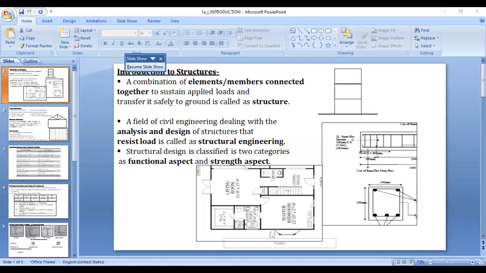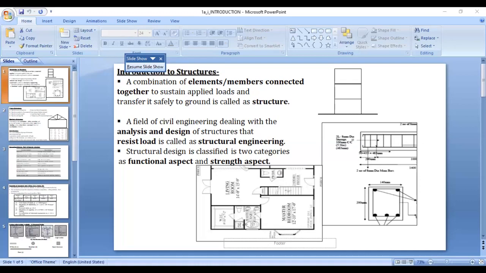Then the channel section resembling an English alphabet C. Similarly, here we have a web portion and flange portion. The thickness of the web portion is TW, thickness of the flange is TF, and width of the flange is BF.